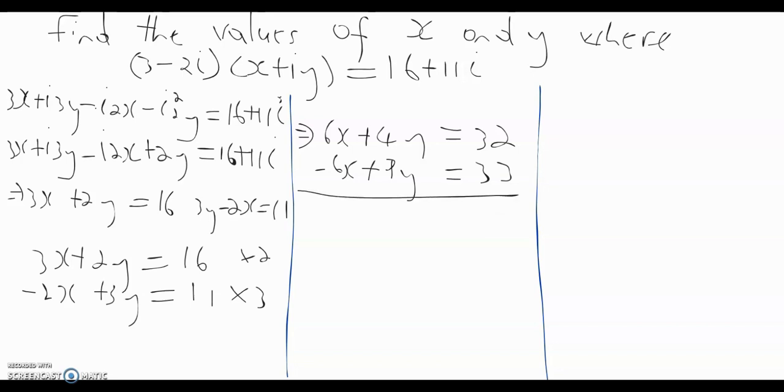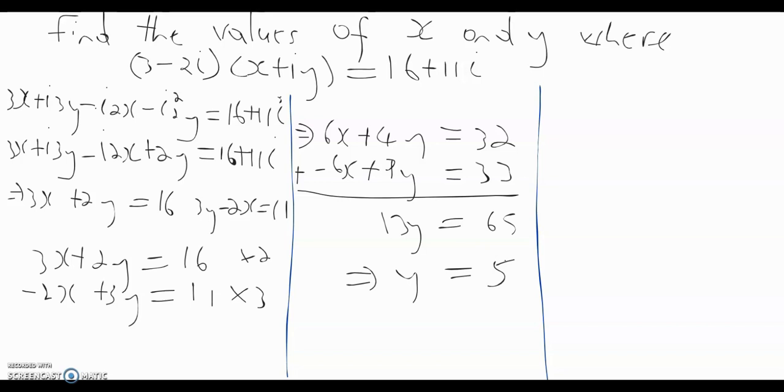And we'll go right ahead and add these equations. So 6 plus minus 6, that's 0. Then we have 9 plus 4, that's 13y equals 65, which will of course imply that y is equal to 5. Now we can substitute this in any one of the equations.